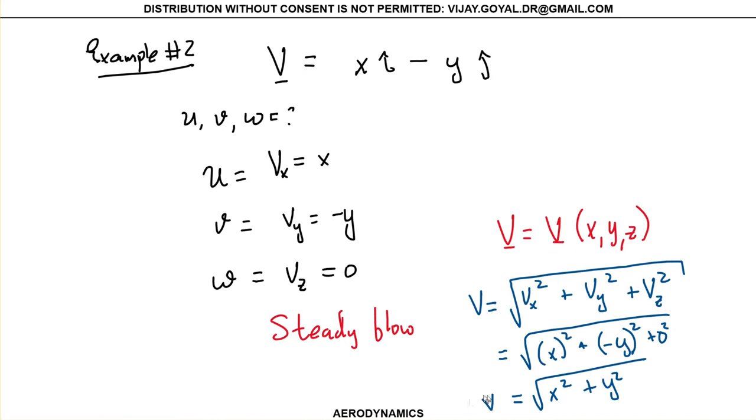This is your speed, and this is the velocity. Velocity has magnitude and direction. Okay. Let's do another example.